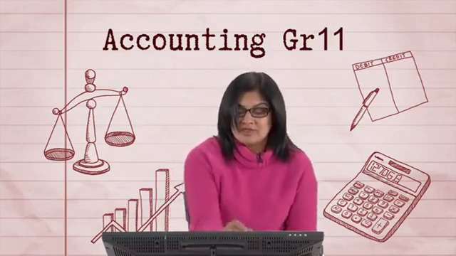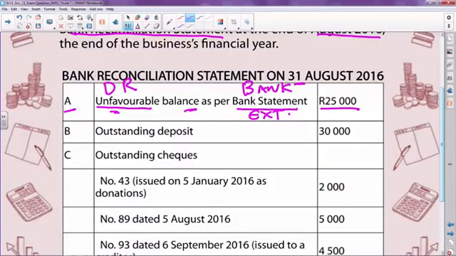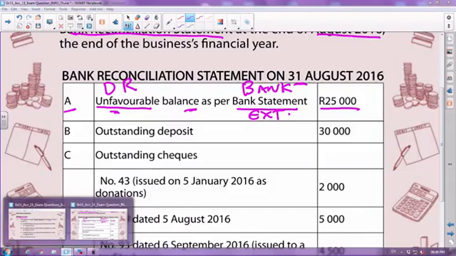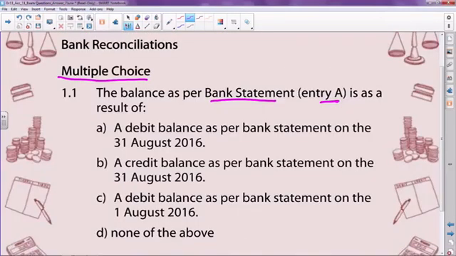And we know that the bank reconciliation statement is prepared at the end of the month, the 31st of August. So if we go back to our options, unfavorable balance, option A, a debit balance as per bank statement on the 31st of August 2016, which is obviously the end of the month.